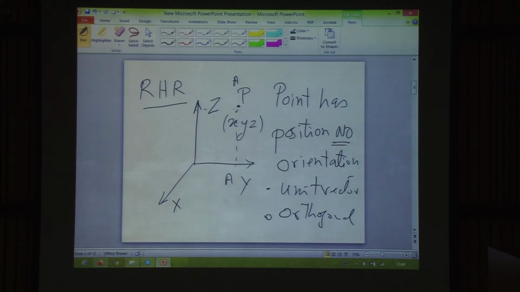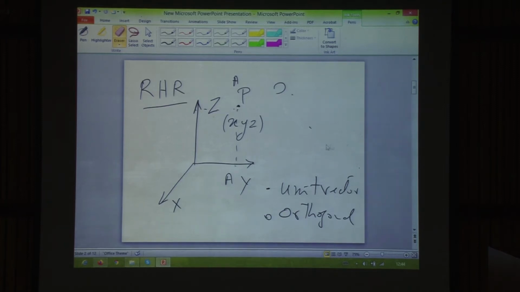So a point has position, no orientation. Now, if I talk about the orientation of a rigid body, how do we define it? We have one axis which is fixed here, which is not moving.